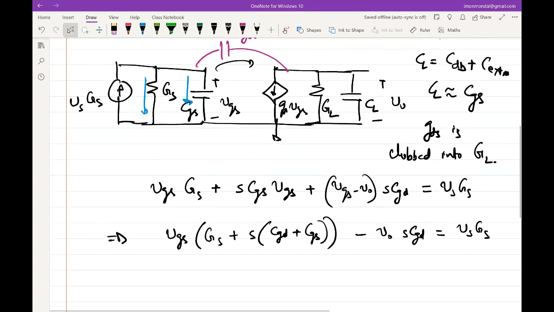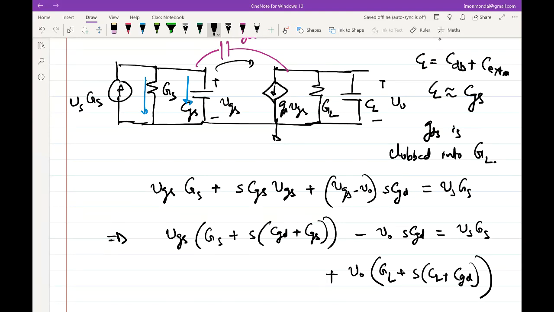Now let's do the other side. What will that equation be? What will the equation on the other side be? KCL at the output node. So you'll have V naught. What will be the current associated with V naught? The obvious ones are GL plus SCL plus SCGD.